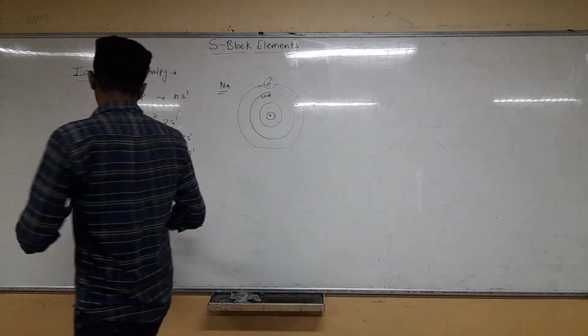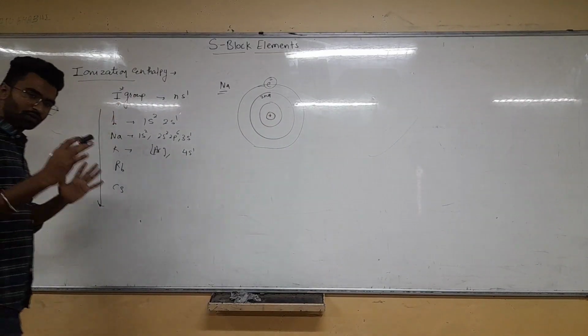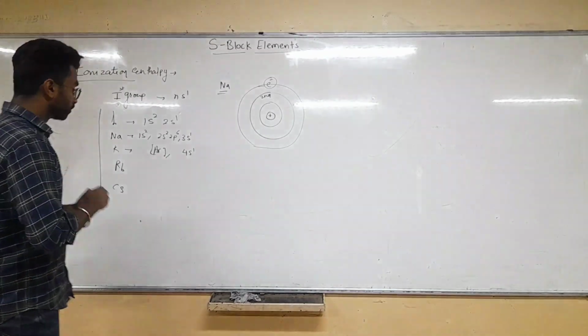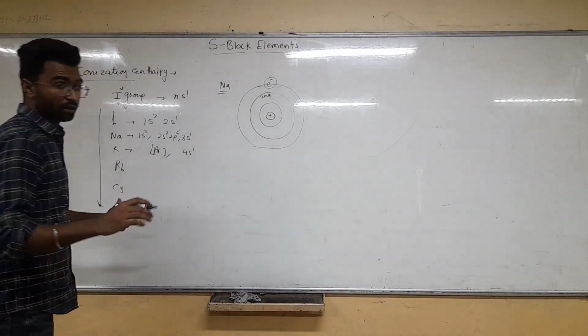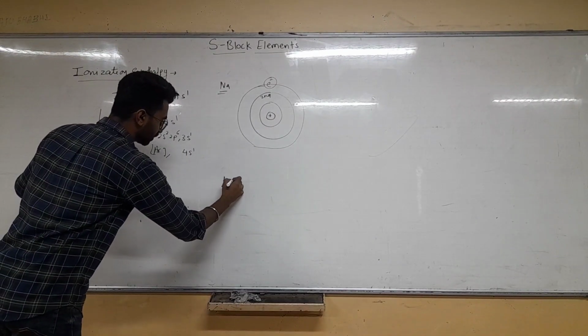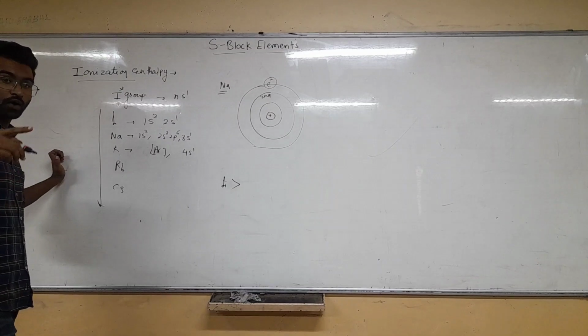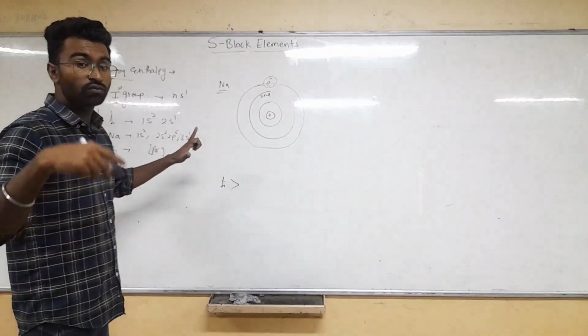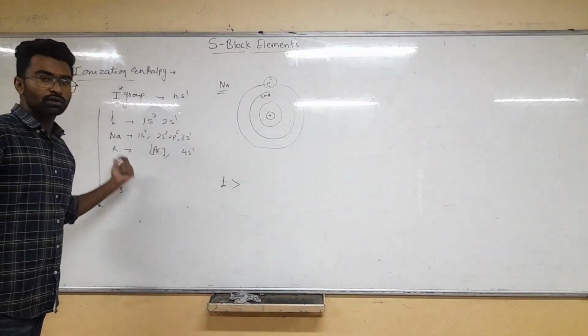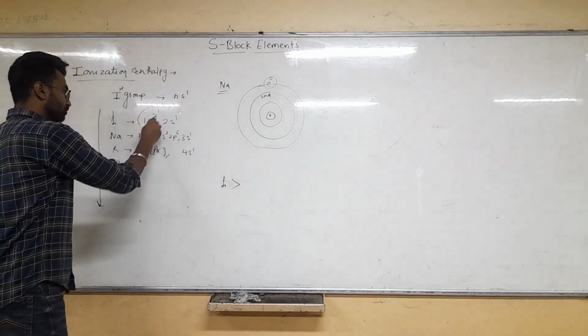Although all elements need low energy to remove the last electron, the trend is like this. Lithium needs the greatest energy to remove the outermost electron, because it is nearer to the nucleus, as it has only 1s2 below.